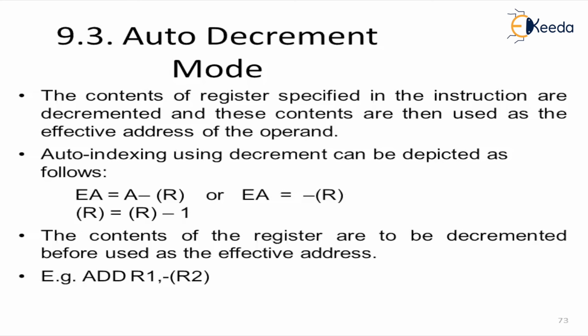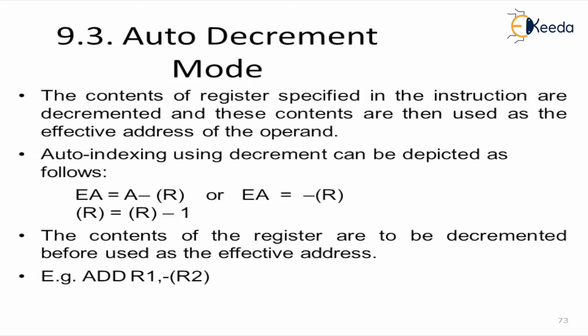Here, you should be aware that if you are using auto decrement, the sign should be minus. EA is equal to A minus (R), where R indicates the indirect register, or EA is equal to minus (R).